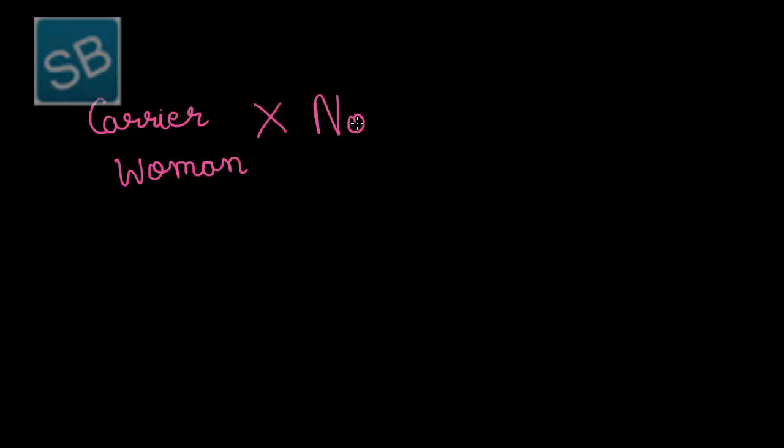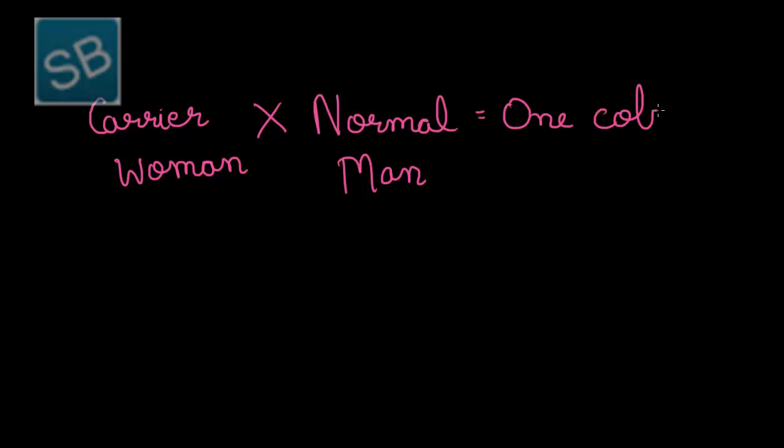So, a carrier woman when crossed with a normal man will produce only one color blind man. Obviously along with that, a carrier and a normal man would be produced, but I am talking about this only in terms of color blindness.